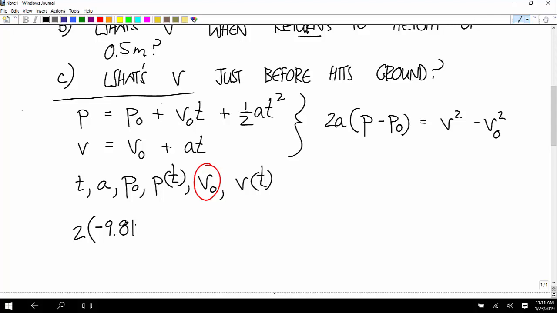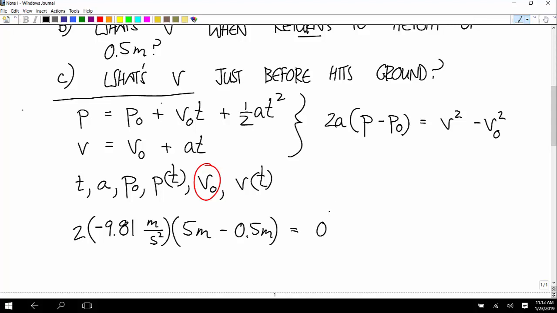I'll keep the units in for now. Times the quantity p at the chosen instant is 5 meters. The position at time equals 0 is 0.5 meters.